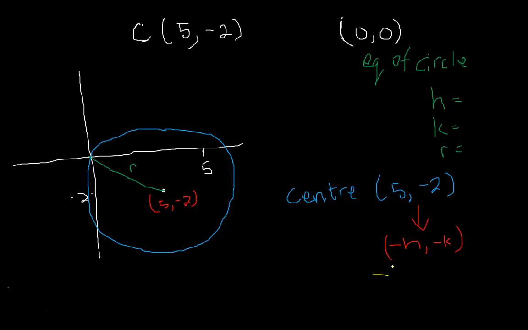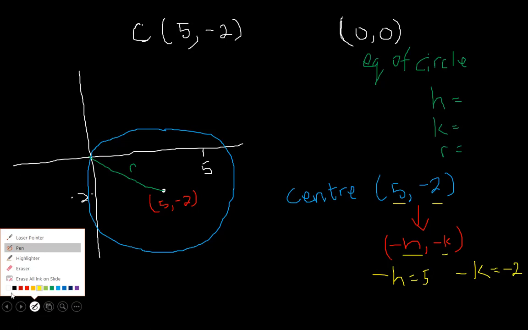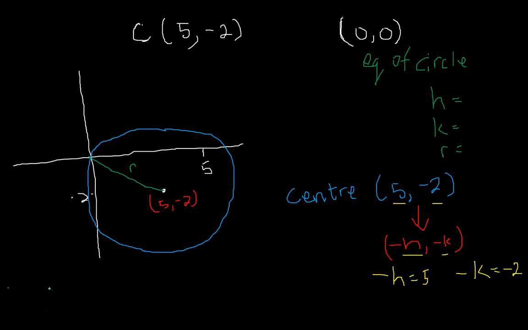So -H is equal to 5, and -K is equal to -2. But remember, we don't want -H and we don't want -K. We're looking for H and K. So H would be -5. And since -K is equal to -2, K would be equal to 2. Everybody following so far?